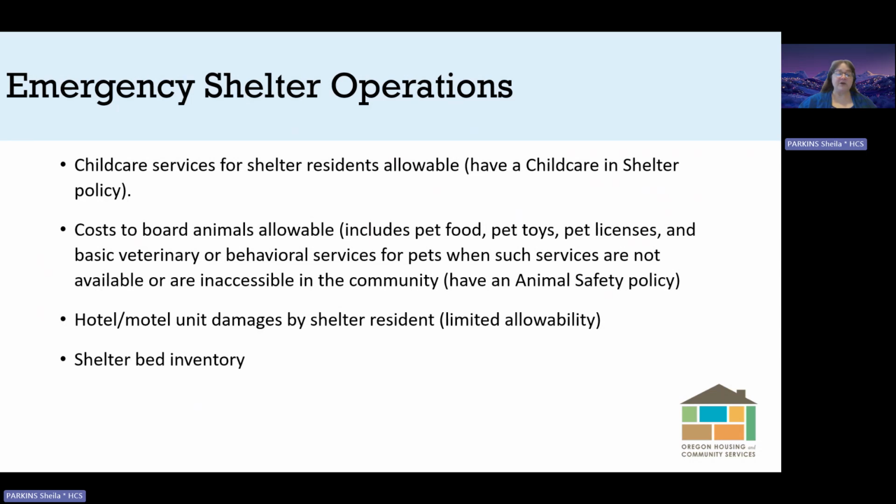However, shelters can also enter into agreements with licensed child care facilities for drop-in child care services. Subgrantees must develop policies and procedures to address how they will provide child care services that mitigate liability and details when and how clients can access those services.